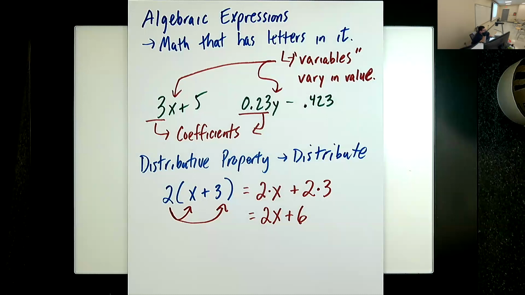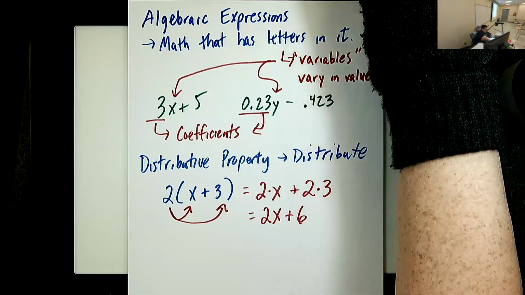Why? Well, if we did order of operations, we would add the x and the 3 together, right? But if we don't know what x is, how are we going to add 3 to it? Like if I don't know how old you are, I don't know how old you're going to be in 3 years. That kind of idea.